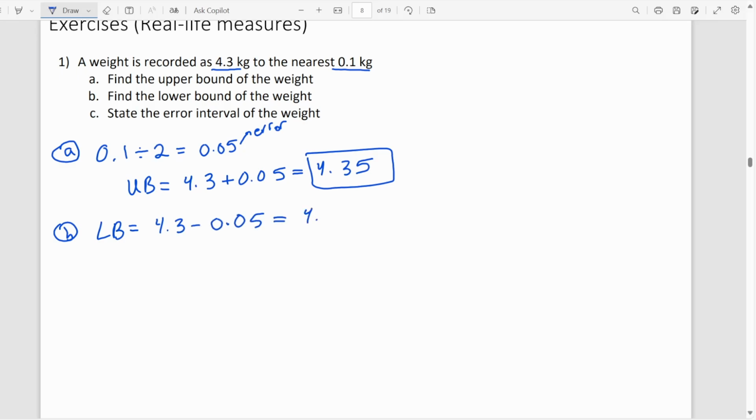So it's going to be 4.25. Part C is asking us to state the error interval of the weight. So the weight is basically between, it's less than 4.35 and it's greater than or equal to 4.25.